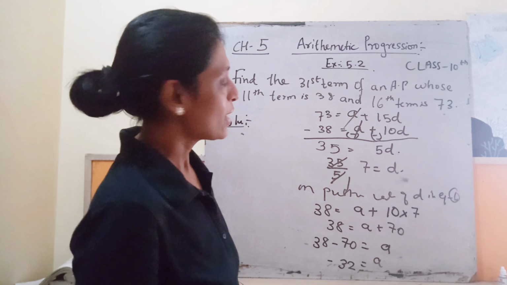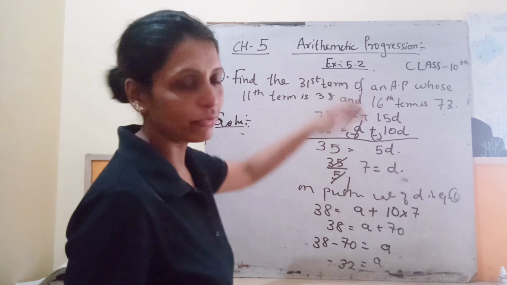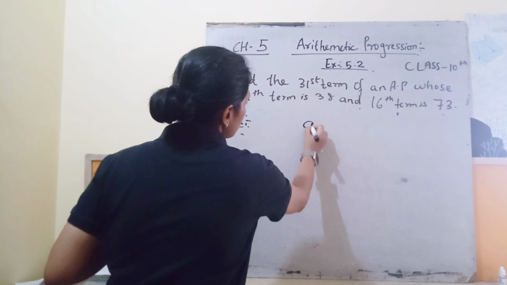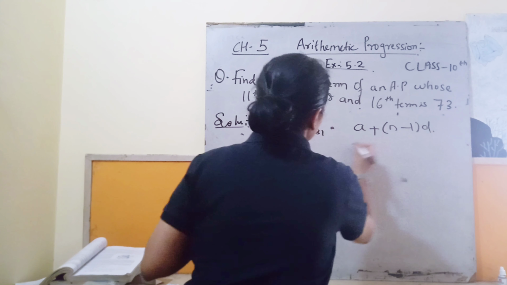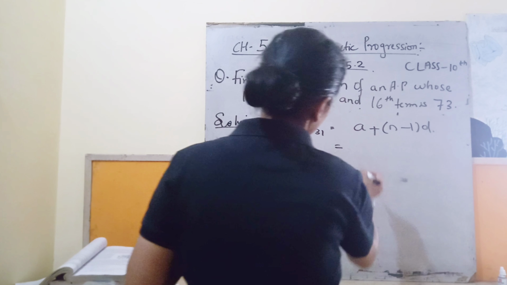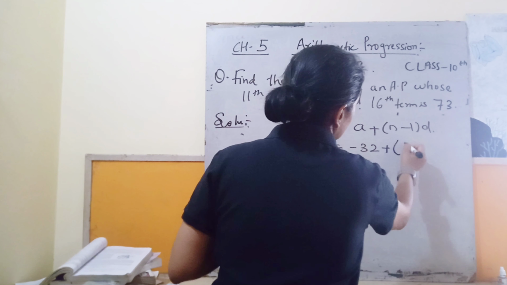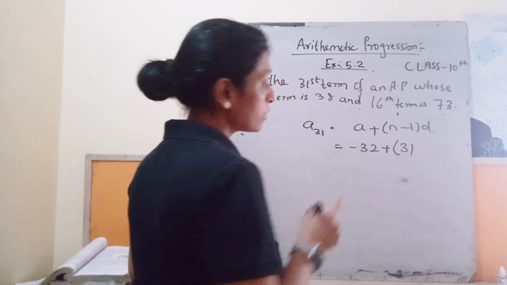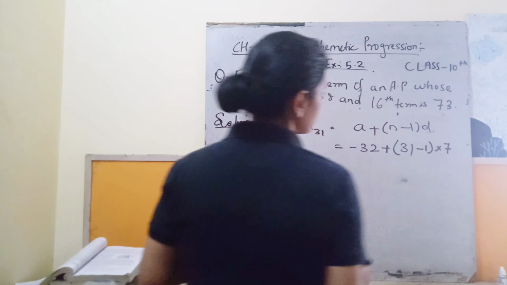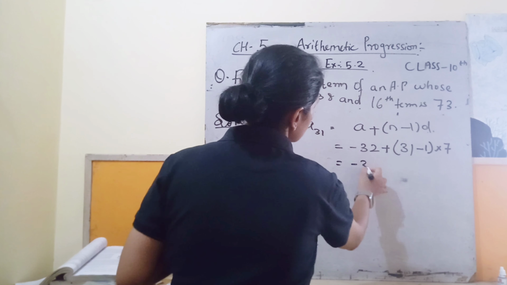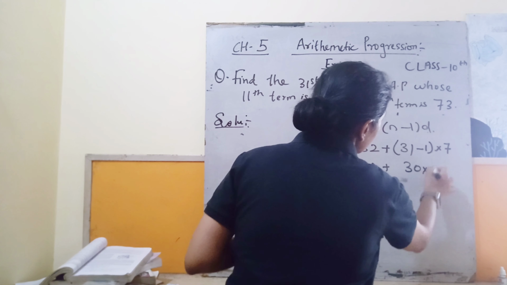Now we put them in the general formula: a + (n - 1)d, in place of a we write -32, plus 31 minus 1, and d is 7.